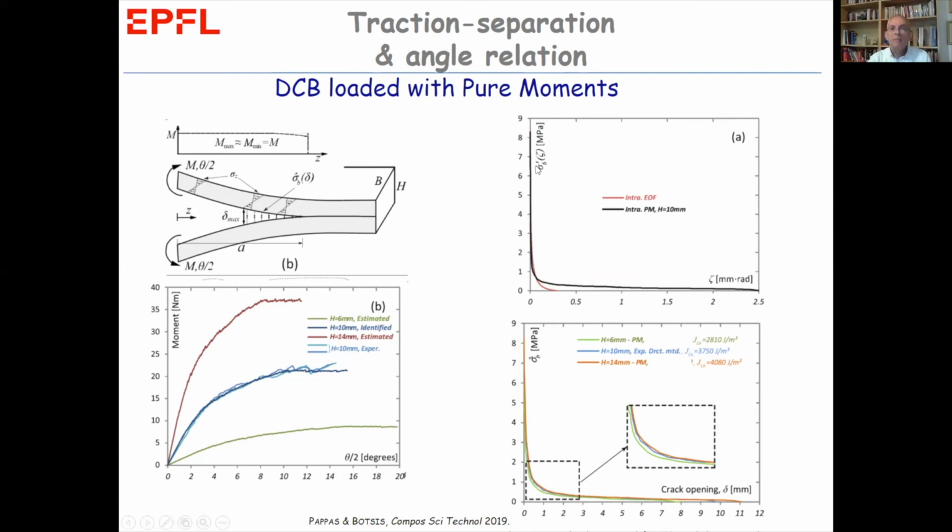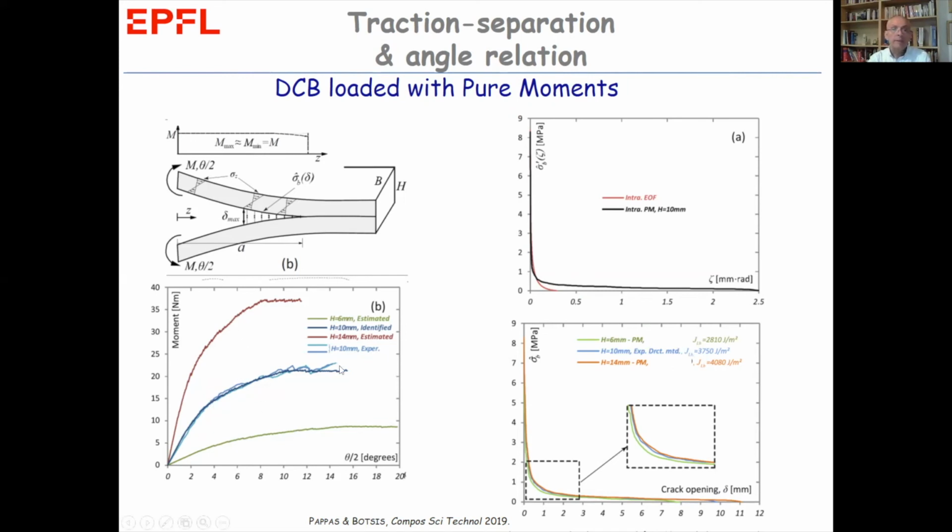Now, out of this sigma zeta, I can construct sigma delta for 3 different thicknesses, 6, 10, and 14, and go on to predict moment angle relations for these specimens. So here they are.